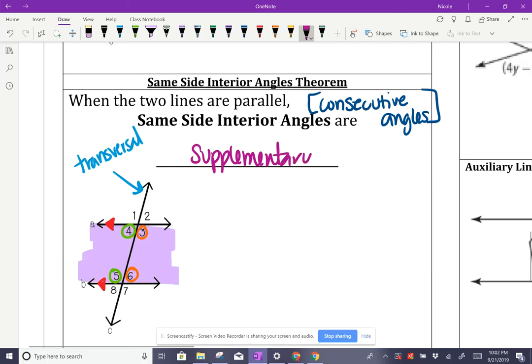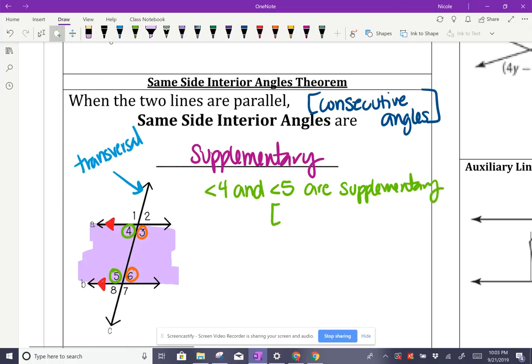So by definition of supplementary angles, we know a lot about that. We can say that angle 4 and angle 5 are supplementary. And we know we can eventually lead that into the path of the measure of angle 4 plus the measure of angle 5 equals 180.